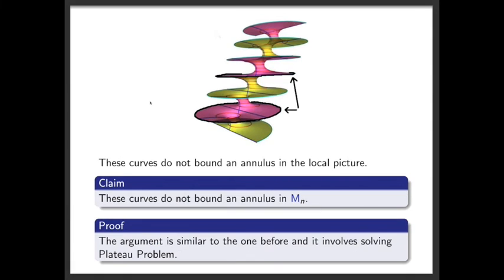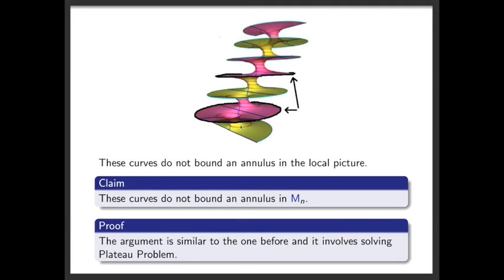Then we prove that these two curves cannot bound an annulus. Here the arguments are similar, but not exactly the same. Again, you solve the Plateau problem, but you can't bound a minimal annulus in the small ball, so this annulus has to leave the ball. But that's not necessarily a contradiction.